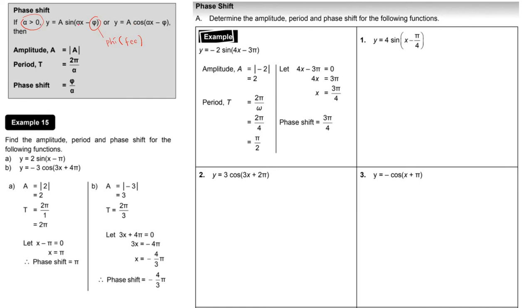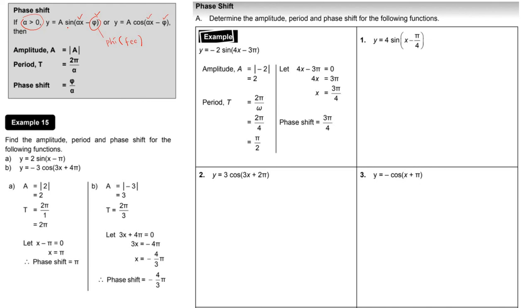But again, this is just symbol as we mentioned earlier. Dekat buku ni tadi guna alpha, tapi dalam homework guna omega x. So it doesn't matter. As long as you know a sine alpha x minus phi ataupun omega x minus phi, y equal a cos alpha x minus phi. So simbol untuk alpha dan phi ni boleh tukarlah jadi simbol yang lain.